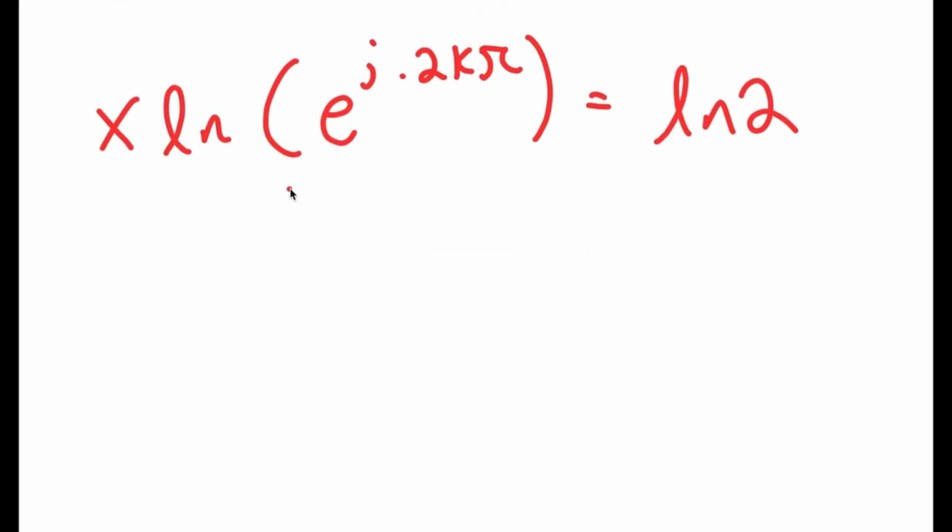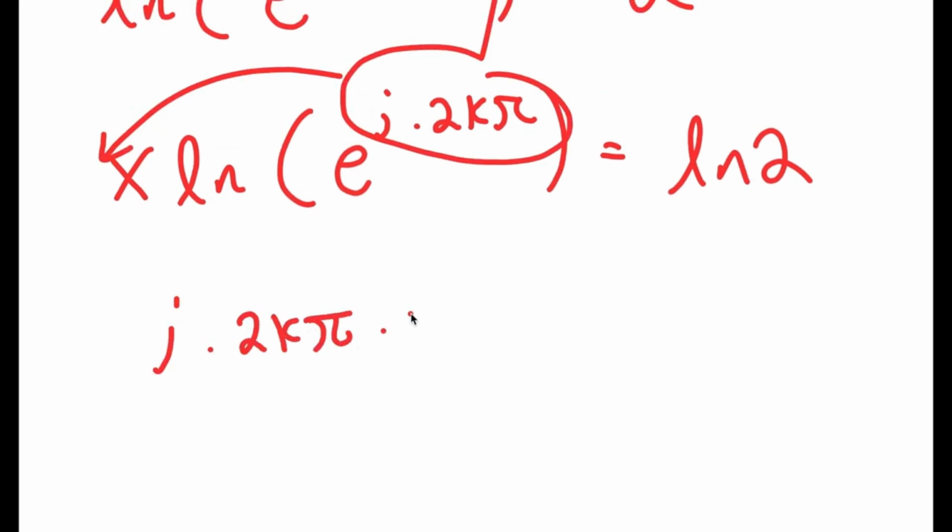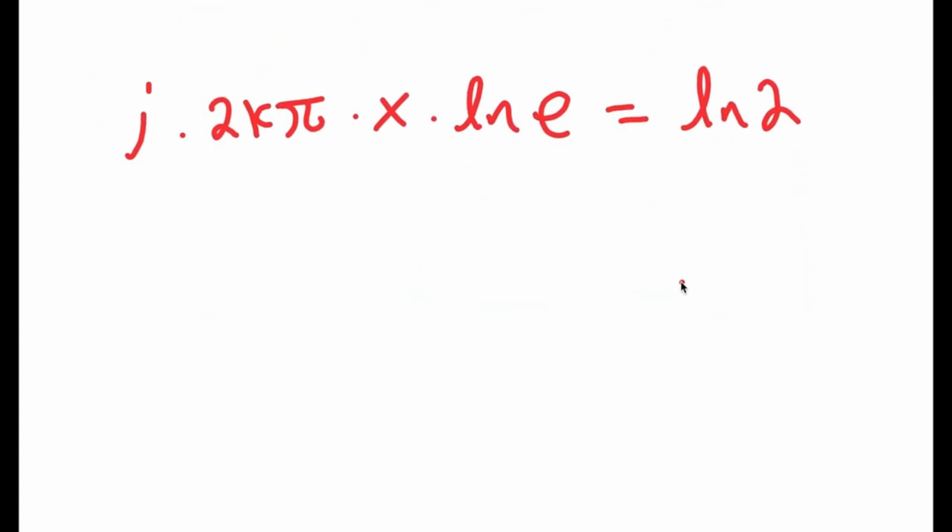And now I can also move i times 2k pi to the front. So I have i times 2k pi times x times ln e is equal to ln 2. ln e is simply equal to 1.